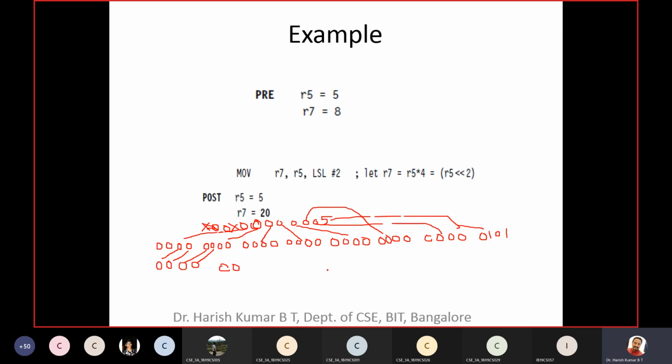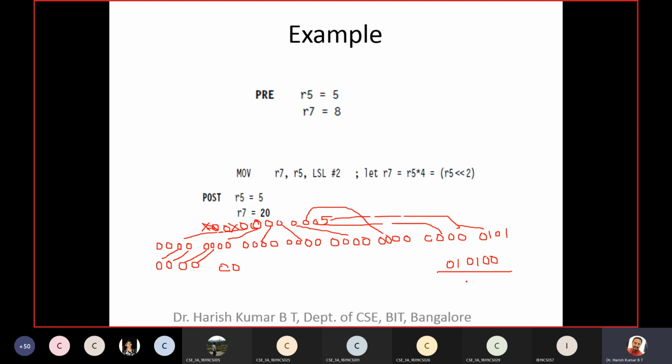Finally, let me write here: this 0 will come here, here 0, 1, 0. So this 0, 1 will come here, this 0, 1 will come here, and you have 2 zeros introduced here.